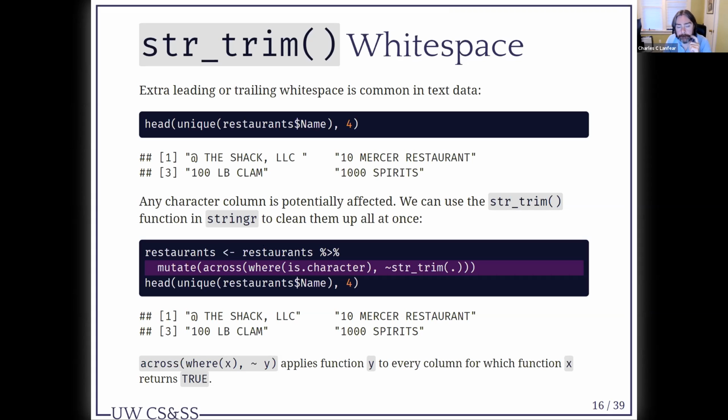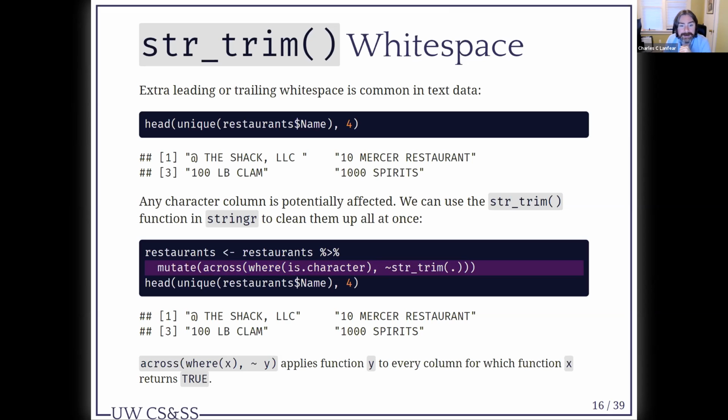So I say here, take my restaurants data and then mutate across the columns where those columns are character data. So this is a way to select every column in your data set that is a character data column, and then apply to it the stringtrim function.